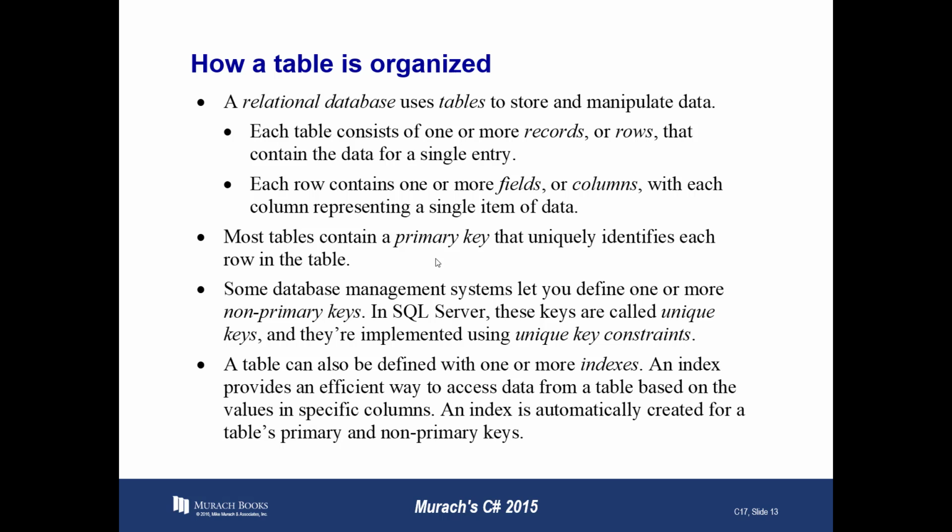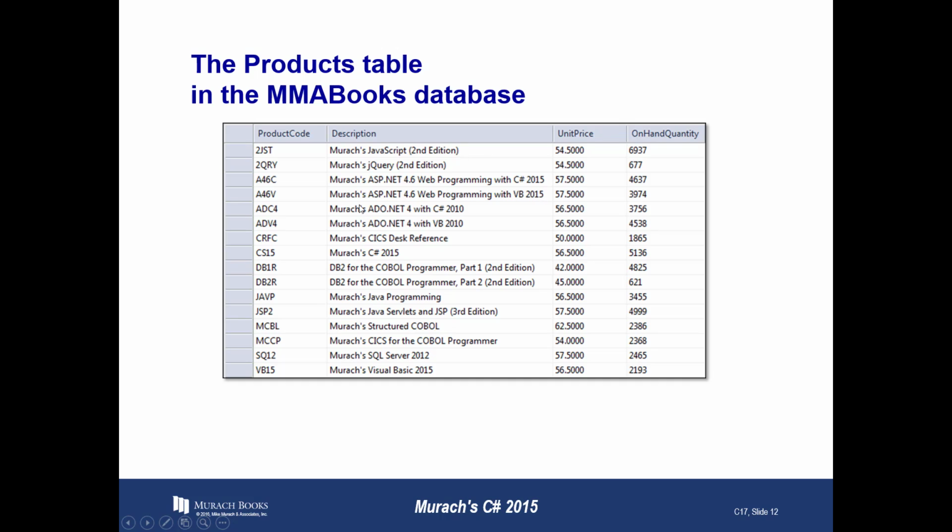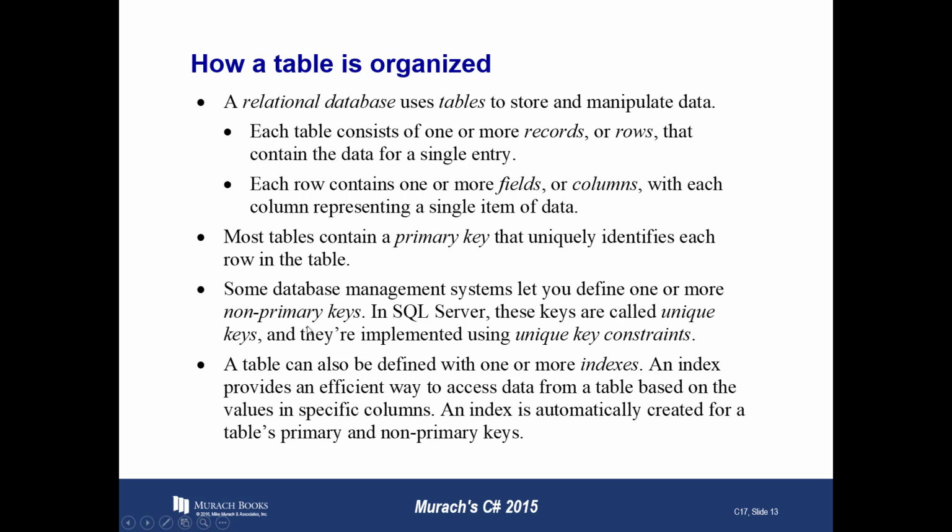All right, so for instance, if I had in here, let's say this was stuff about an employee, and this was employee number, and that was the primary key. I might also have a field called social security number, which I wouldn't make a primary key, but I could make a unique key.